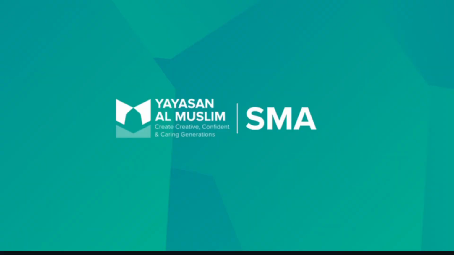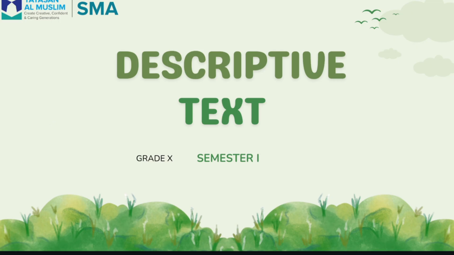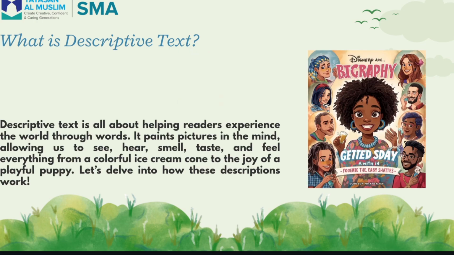Today, we will continue our study with the text that we call descriptive text. I'm sure that you have studied this text before, but here we will talk more completely about descriptive text. At the first one, describe.